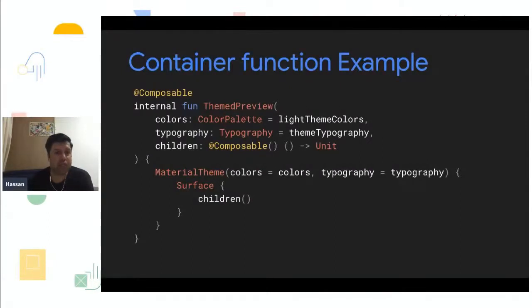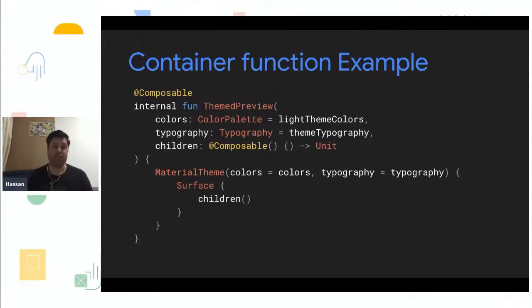One example of a container function is a theme function. So I'll show you one working example for this. Here, let's say we can have our color palette. Right now we have a light theme and a dark theme, because most devices support dark theme, right? Based on that, you can even use it in the preview.